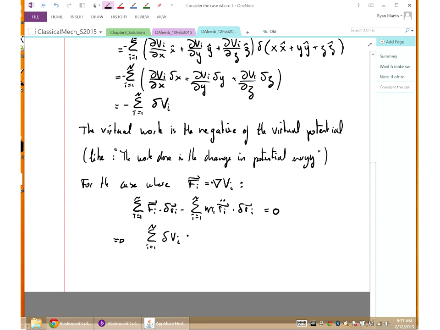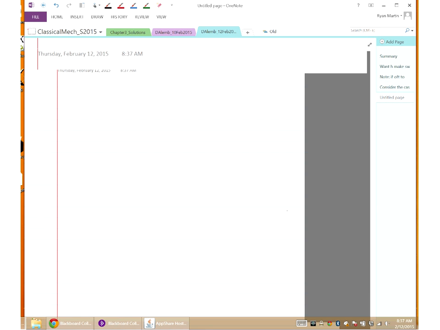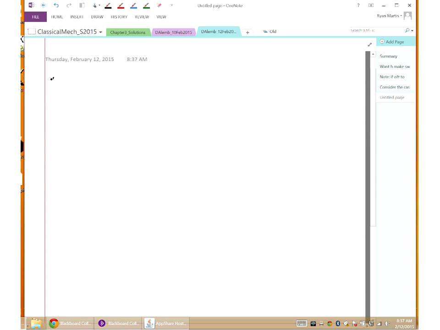And so I can rewrite this as the sum from i equals 1 to N of the virtual changes in potential energy plus the sum from i equals 1 to N of mi Ri double dot dotted with delta Ri. Okay, so we're going to reuse that form of D'Alembert's equation in a second. So furthermore, we're going to consider an even more specific case.